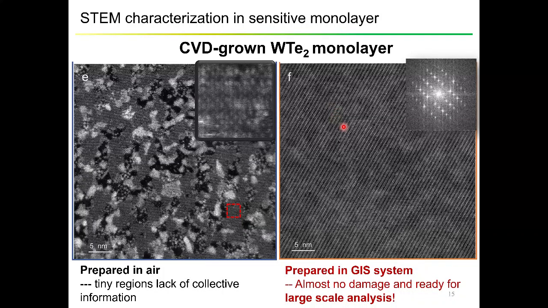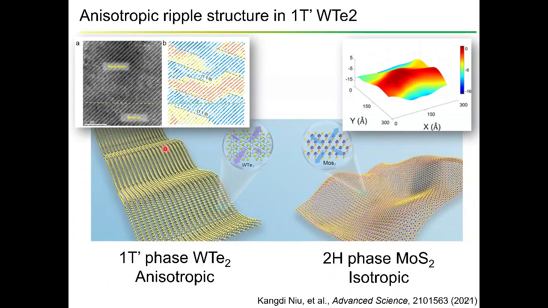Okay, so by mapping out the distortion and also the strain inside the WTe2 monolayer, we find that the ripple structure is anisotropic in the 1T prime phase. It is very different from the 2H phase graphene or MoS2, where the ripple or wrinkle is isotropic.